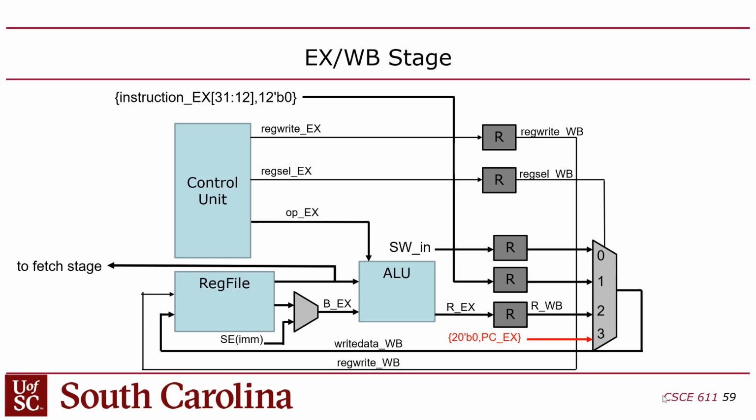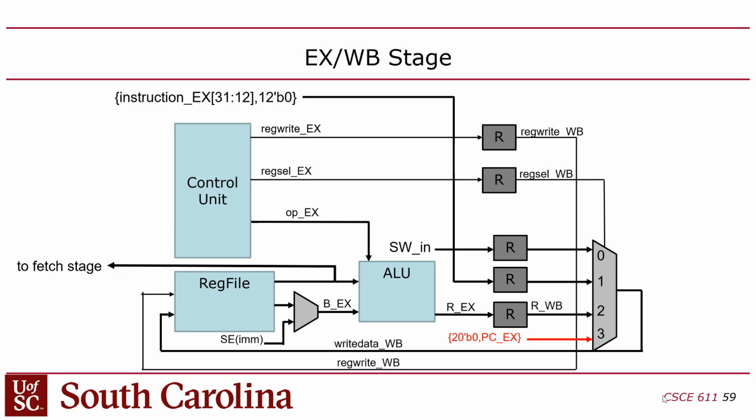In other words, the instruction in the execute stage is the fall through instruction. It's whatever comes immediately after the jump, right? So whatever instruction is in the execute stage while you're writing back is the previous instruction. Sorry, not the previous. It's the next instruction, right?